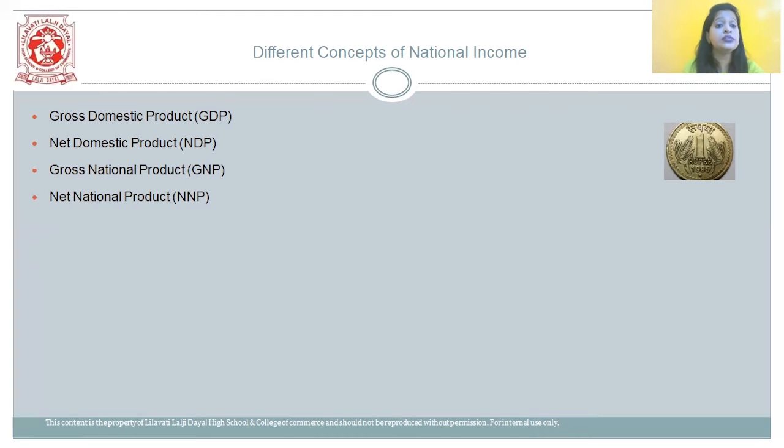The goods and services are produced in India, along with receipts and payments from abroad, but depreciation is deducted. So herein we have the four concepts: GDP, gross domestic product; NDP, net domestic product; GNP, gross national product; and the last one, NNP, net national product.